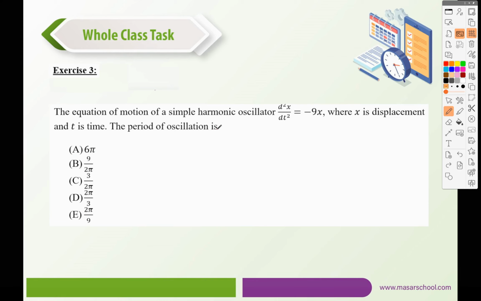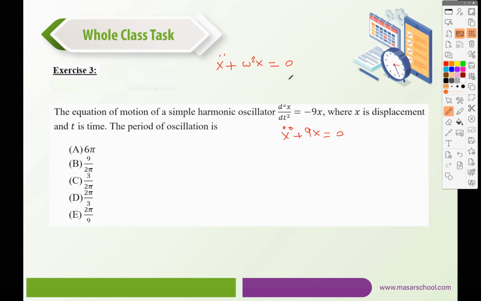Now the equation of motion of a simple harmonic oscillator is given by d square x by dt square equals minus 9x, where x is its displacement and t is the time. The period of oscillation is what? Now we know that the differential equation has the form x double dot plus omega square x is equal to 0, and this can be written as x double dot plus 9x is equal to 0.